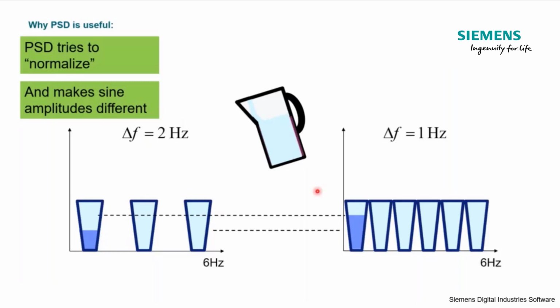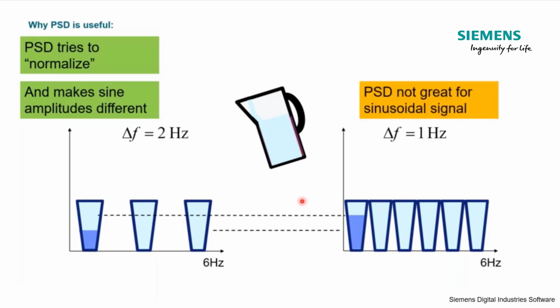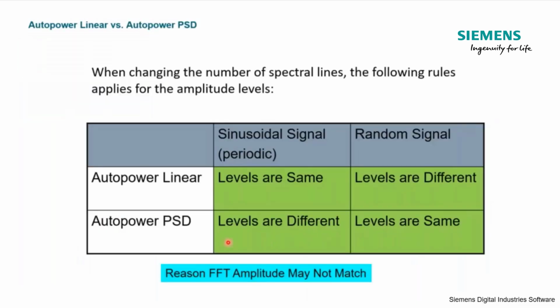That's why with a PSD, it's generally not a great idea to use a sinusoidal signal, because the levels are going to be different. So if I divide by 1 hertz or 2 hertz or 4 hertz, it's going to change this level, right? Whereas when we're talking about an auto power, the levels are all going to be the same, because no matter what frequency resolution or spectral lines I have, it's all on one glass. It's all on one spectral line. Does that make sense for you, Pete?